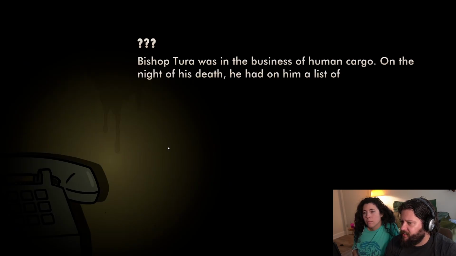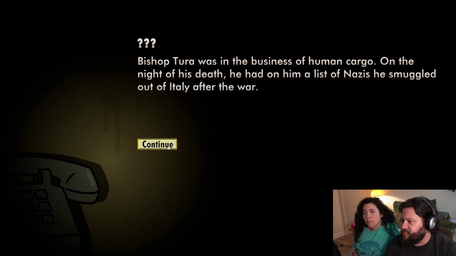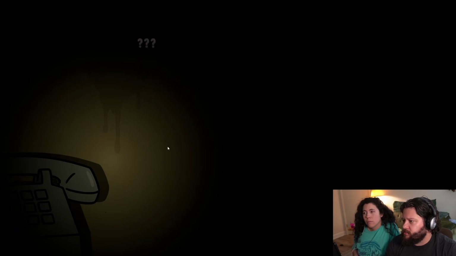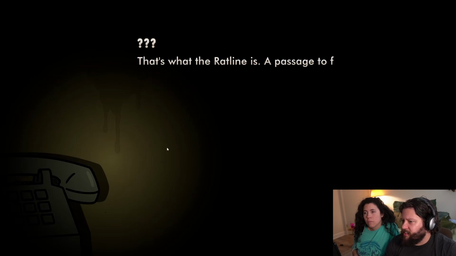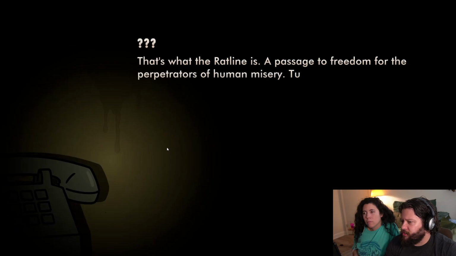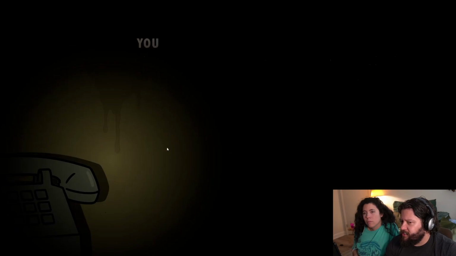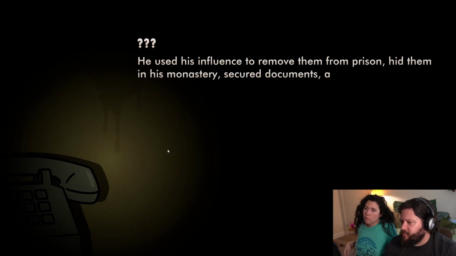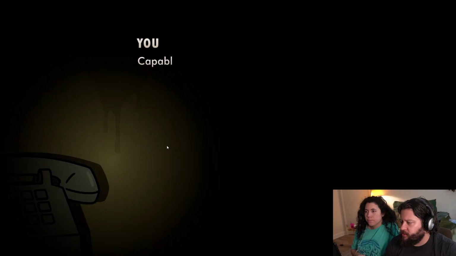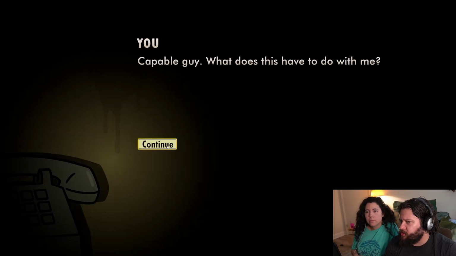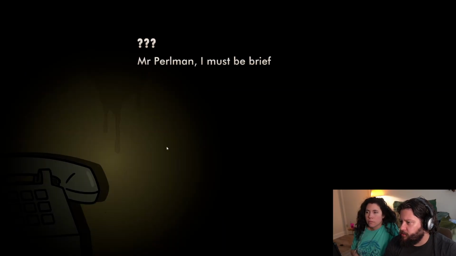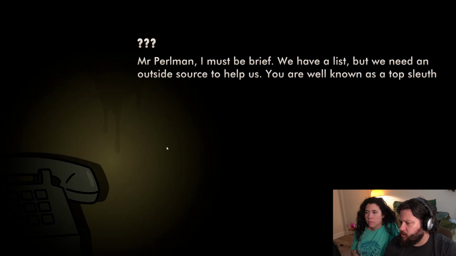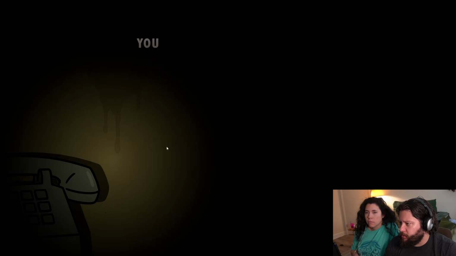On the night of his death, he had on him a list of Nazis he had smuggled out of Italy after the war. A list. That's what the Ratline is. A passage to freedom for the perpetrators of human misery. Tura was a key helper. How did he manage that? He used his influence to remove them from prison, hid them in his monastery, secured documents, and arranged transport. Capable guy. What does this have to do with me? Mr. Perlman, I must be brief. We have a list, but we need an outside source to help us. You are well known as a top sleuth.